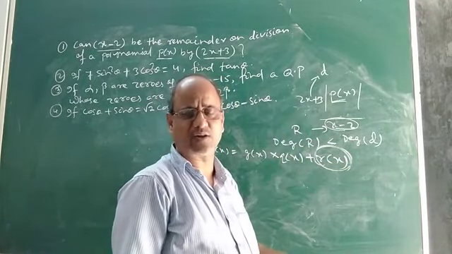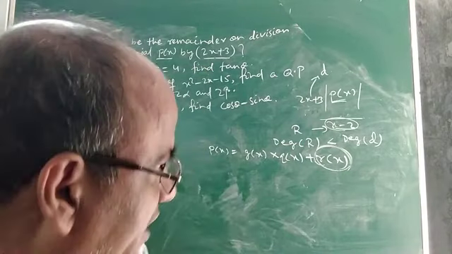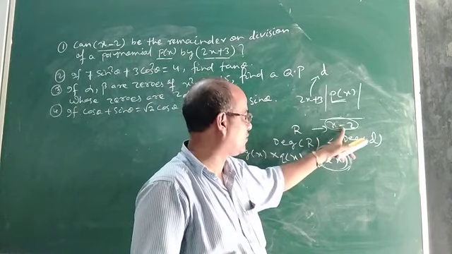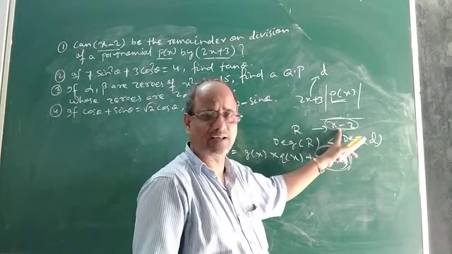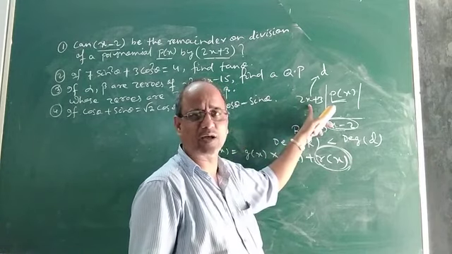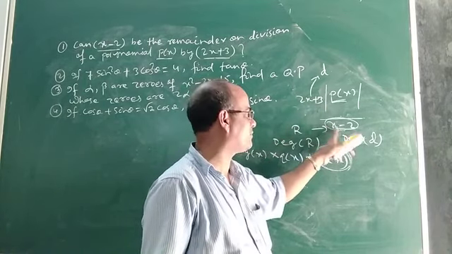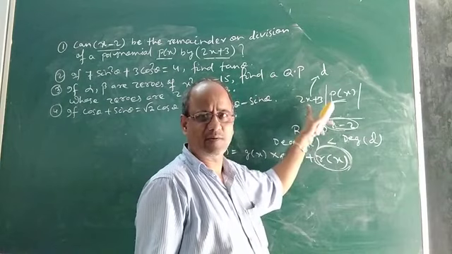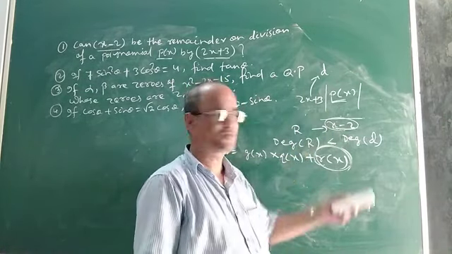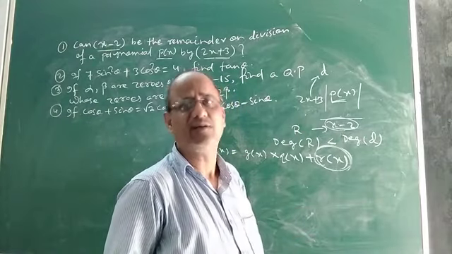Now, in this particular question, look, this is the remainder. The degree of x minus 2 is 1, and the degree of the divisor is also 1. Is the degree of the remainder x minus 2 less than the degree of the divisor 2x plus 3? The answer is no. As the two degrees are the same, x minus 2 cannot be the remainder.